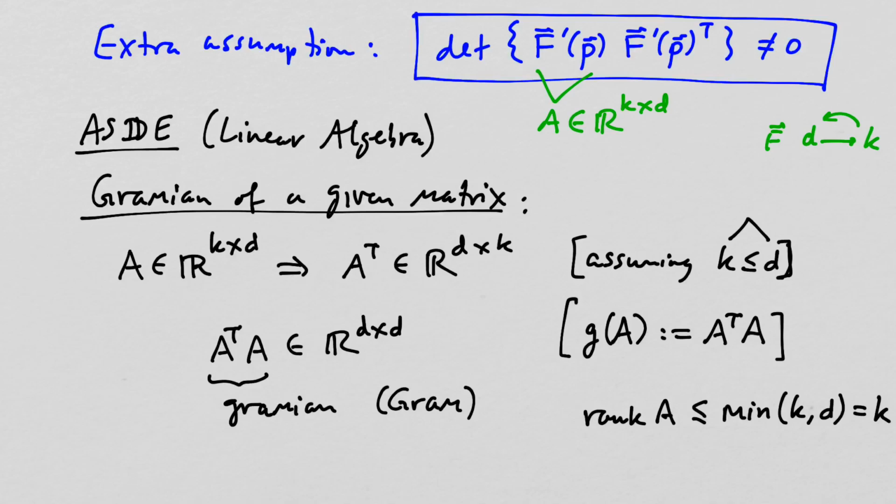So K is the upper bound for the rank, and having full rank means having rank exactly K. A has full rank if and only if the rank of A is precisely K.